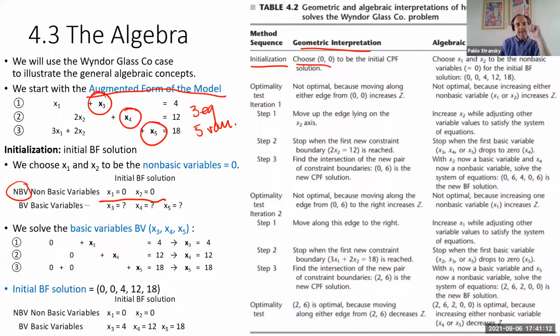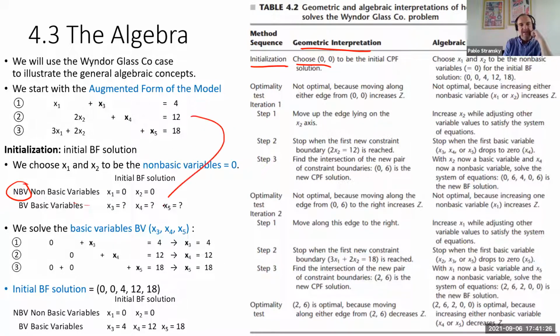Okay, now the other 3, we don't know their values yet, so we can determine them by setting x1 and x2 equal to 0. So we take this augmented form, okay? What we're gonna do is set all x1 equals 0 and all x2 equals 0. That was a condition we decided at the beginning.